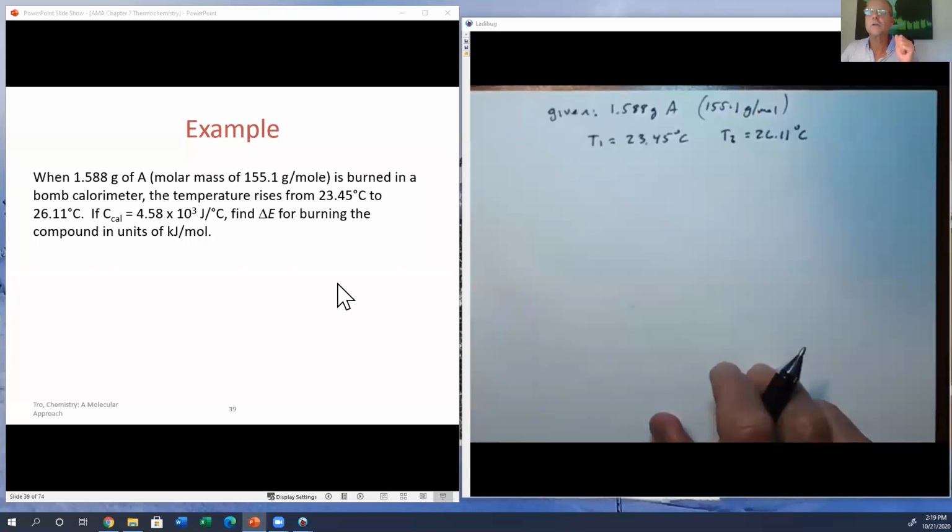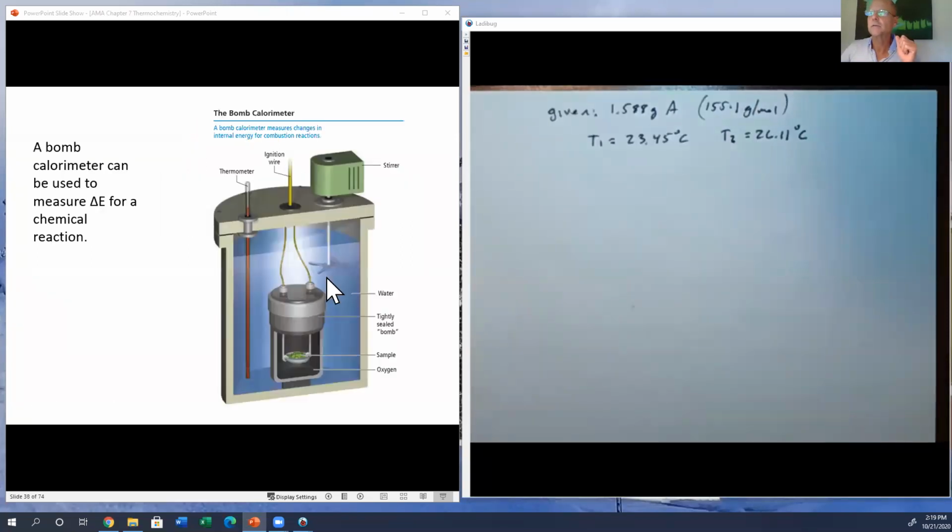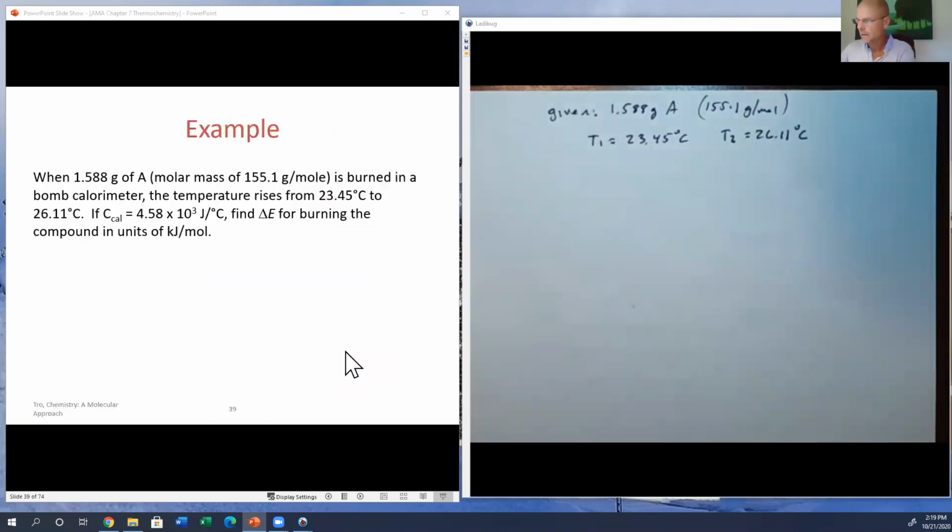So which way is energy going in this case? If the temperature is going up, which way is energy going? From the system to the surroundings, or from the surroundings to the system? System to the surroundings, yeah, right? The surroundings are getting hotter, so energy is going that way, okay?